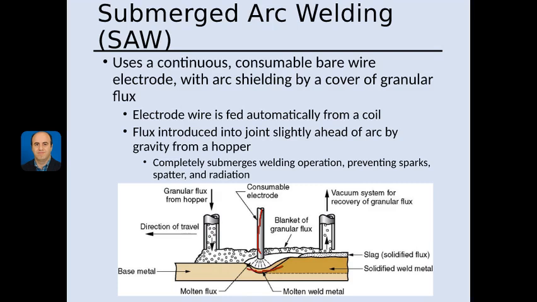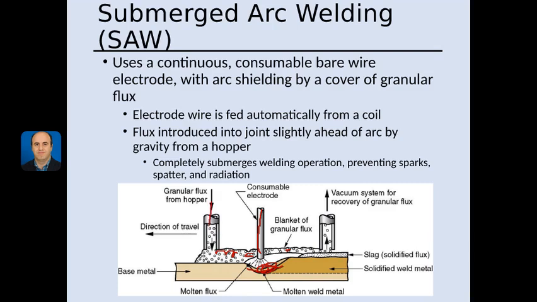The molten weld, which is here, is protected from atmospheric contamination because we have a blanket of flux. These are flux, and these are a granular flux. It includes lime, silica, manganese oxide, and calcium fluoride, and other compounds.